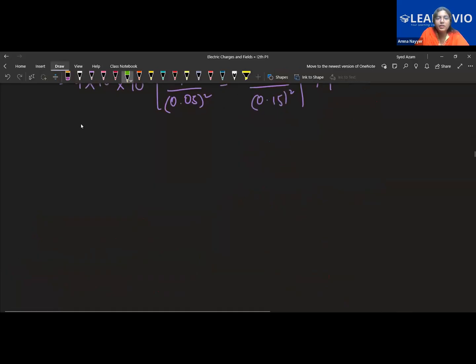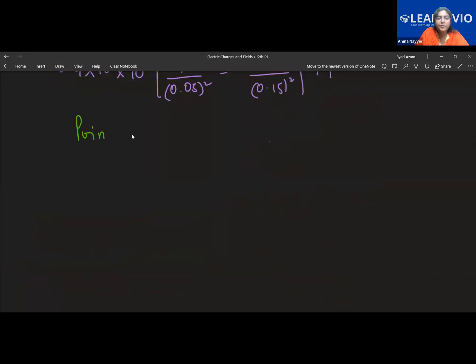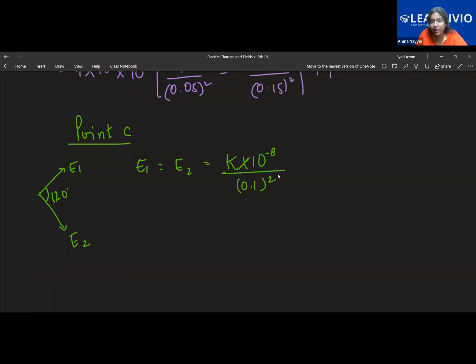So this is the point C. This is electric field E1, this is electric field E2, and their angle is 120 degrees. Both E1 and E2 have magnitude equal to K into 10 to the power minus 8 by 0.1 meters whole square, right?